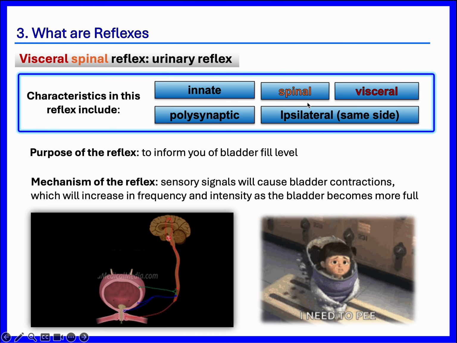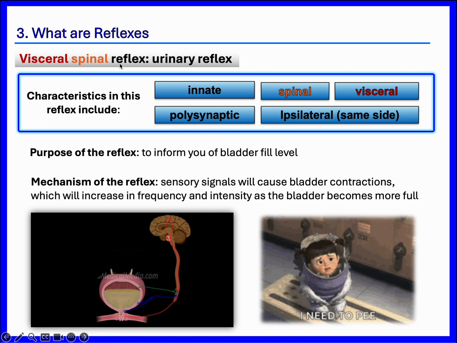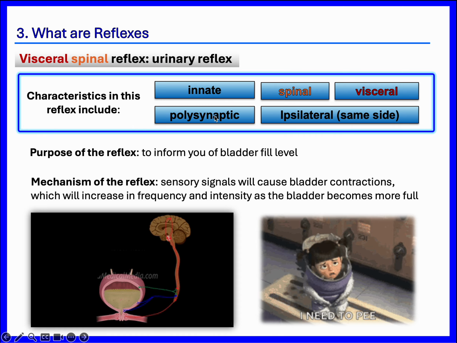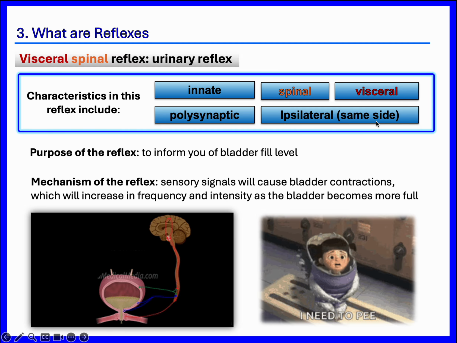You're born with it. It's spinal because the bladder is closer to the spine, not the brain, so it'll go in the spine. And it's visceral because it's these visceral organs, the bladder, that are being controlled. It's polysynaptic, meaning it has more than one neuron, and it's ipsilateral. It's on the same side, so the muscle's on the same side.